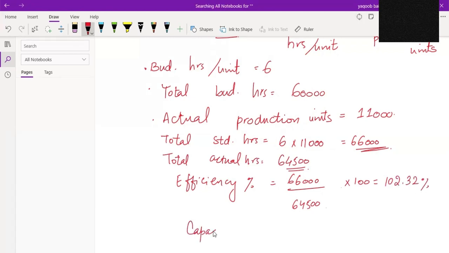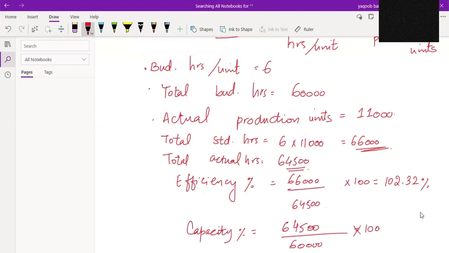Capacity ratio is equal to total actual hours divided by total budgeted hours into 100.